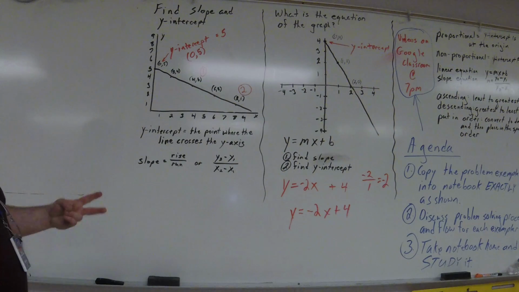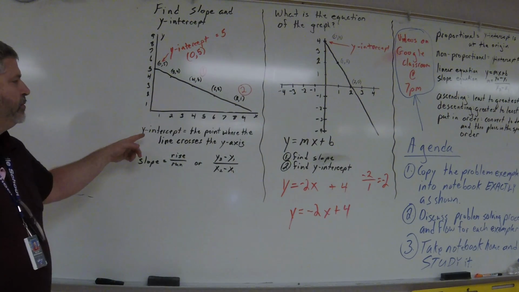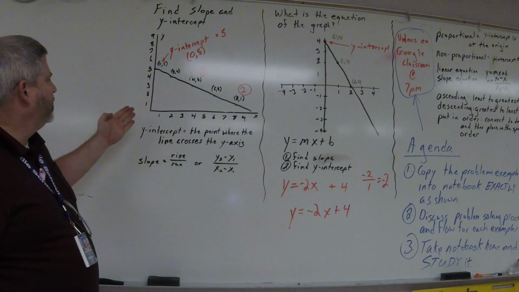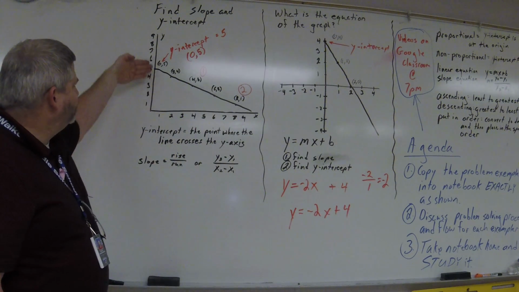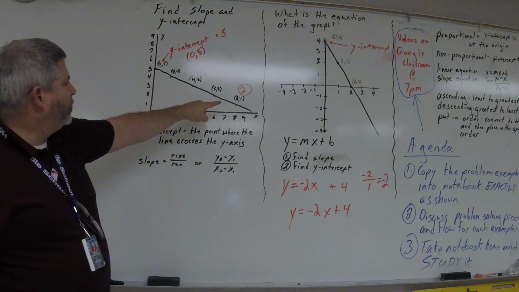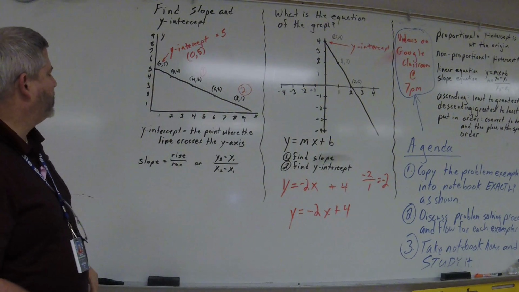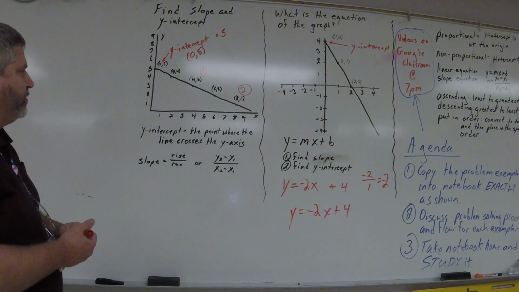So there are two things we want to know. We want to know the y-intercept, which is the point where the line crosses the y-axis. Our x-axis is horizontal, our y-axis is vertical. So if we follow this line to where we meet up with the y-axis, we see that our y-intercept is 5.